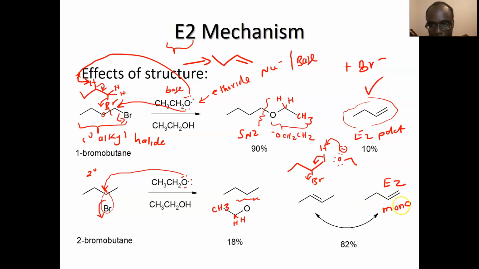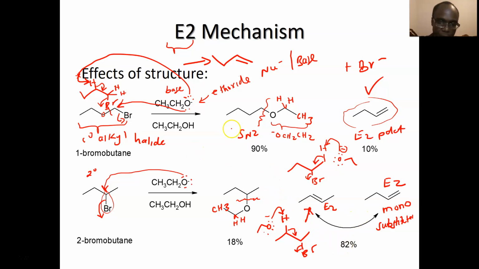Actually, we'll call it mono substituted alkene. Alternatively, if the same substrate loses a beta hydrogen from this end, so you take out this hydrogen, you make a double bond, and this falls off, then you're gonna get this elimination product.